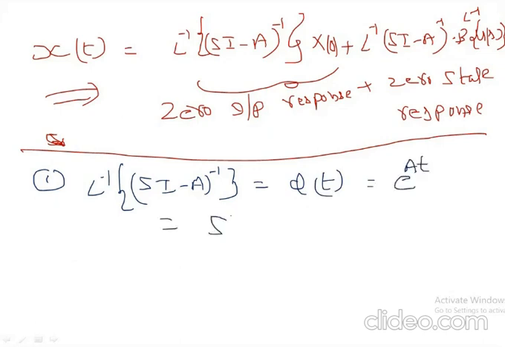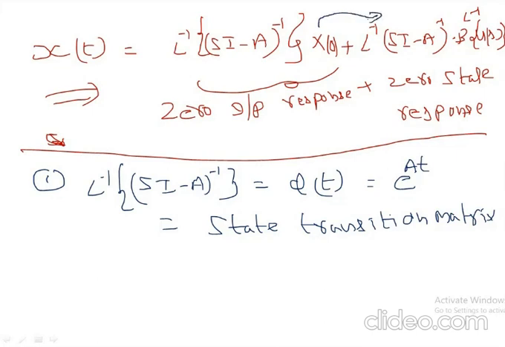It is also equal to the state transition matrix. Why is it known as that? State transition matrix means this is the matrix by which the state goes from the initial condition to the next state from x of 0. Hence the transition matrix which is multiplying with x of 0 is known as the state transition matrix, which is mathematically equal to L inverse of this one.